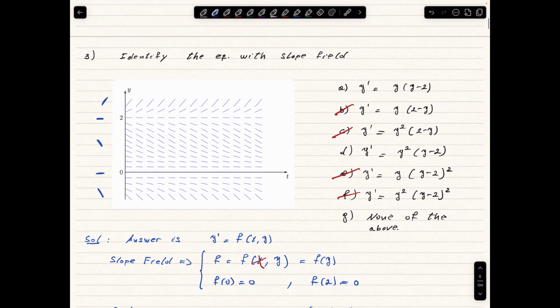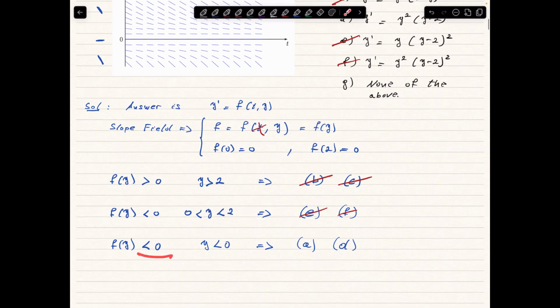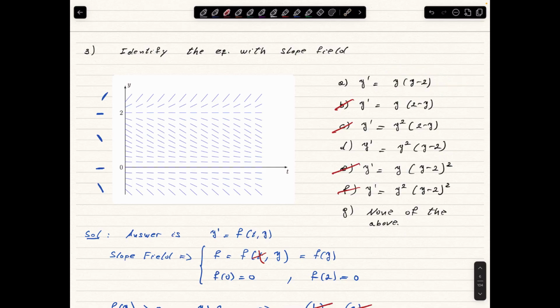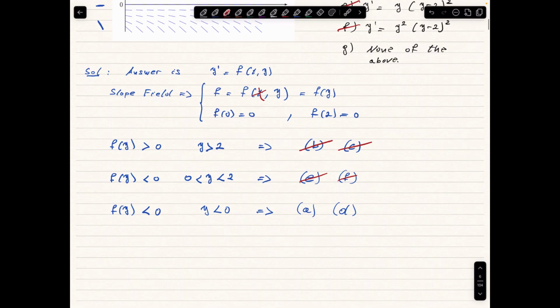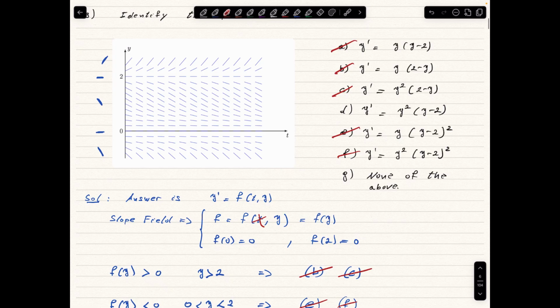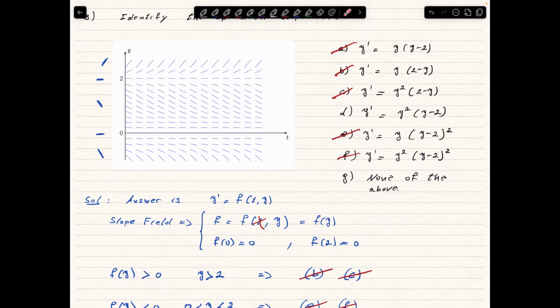So what happens with A? Recall, negative. So because this is negative, and this is negative, the product of negatives is positive. Oh, that's wrong, because it should be negative, so it cannot be A. Let's hope it's D. This should be negative. If it is negative, that is our solution. So recall, less than 0, so this is negative, and we have a square here, so it's positive.